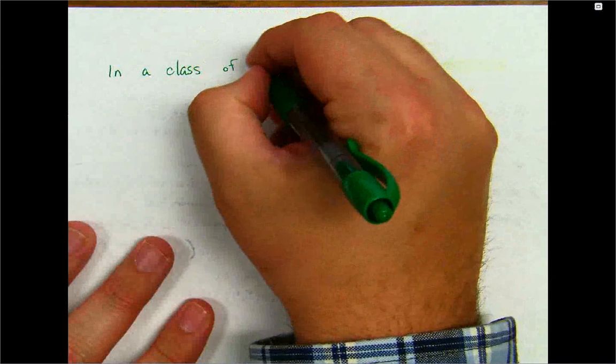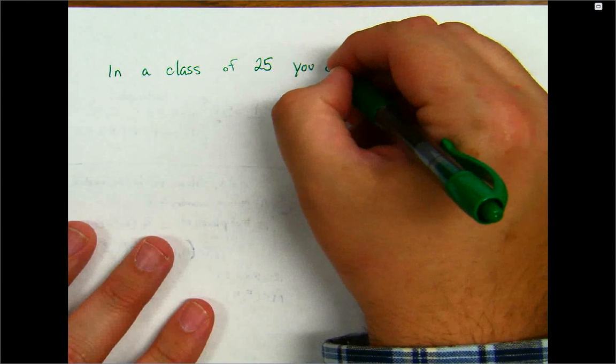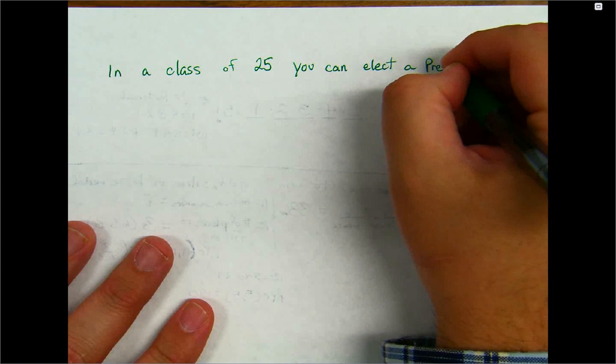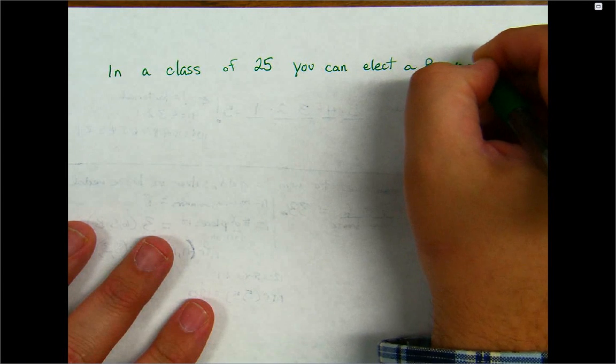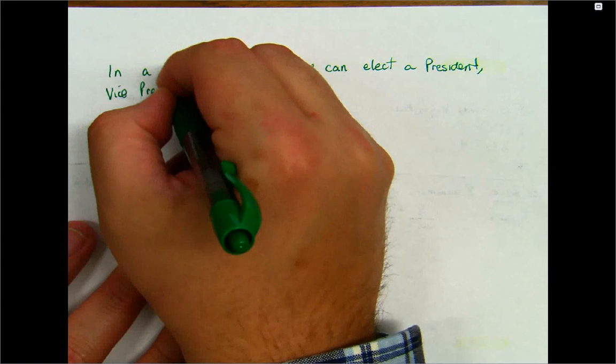you can elect a president, vice president, secretary, and treasurer.